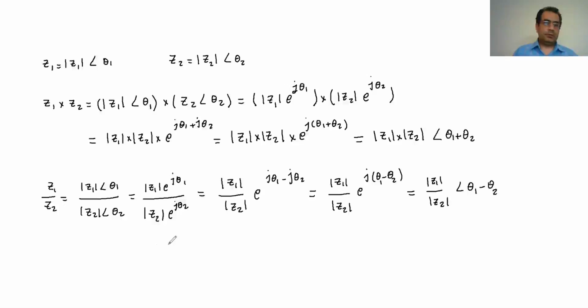To add and subtract, just simply convert them to the rectangular form and add or subtract them, similarly: add all the real parts together and add all the imaginary parts together. Or if it's subtract, subtract all the real parts from each other and subtract all the imaginary parts from each other.